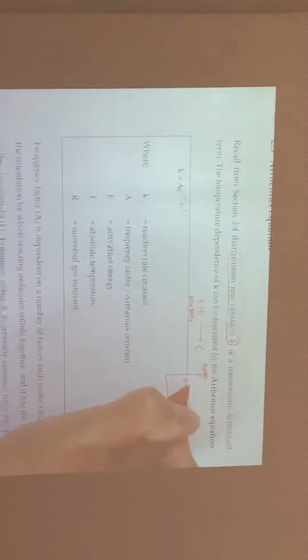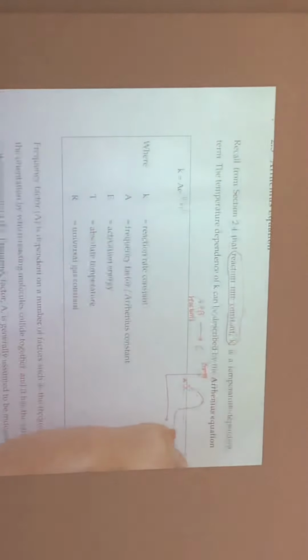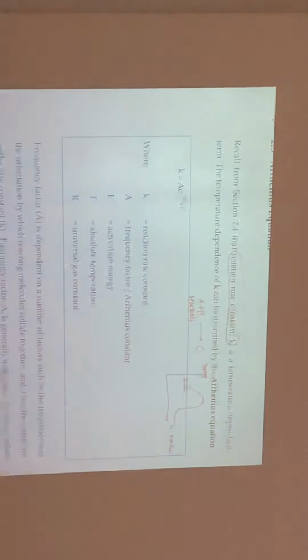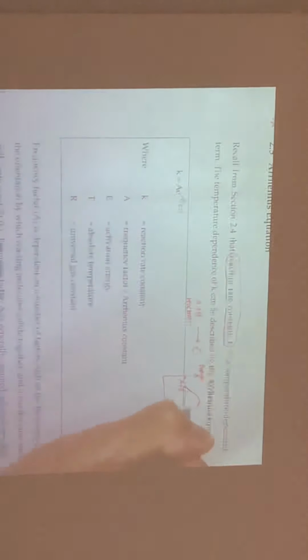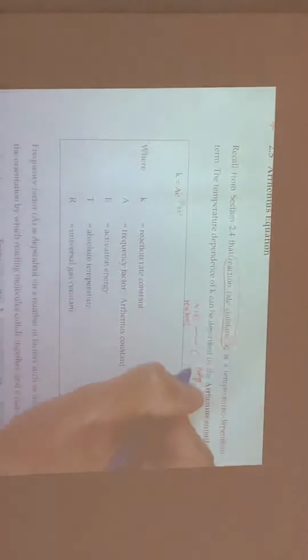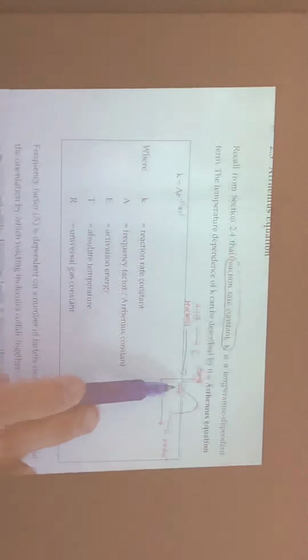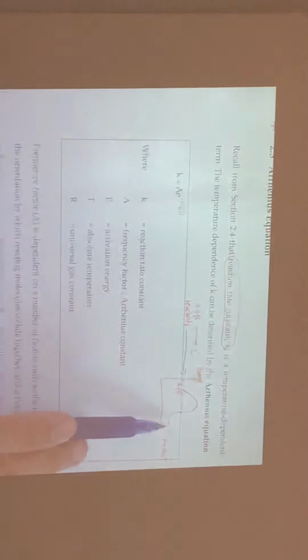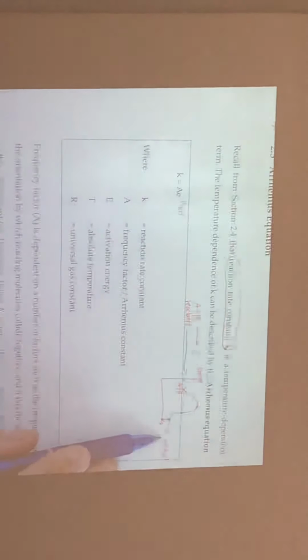When A and B collide together, they go to the intermediate, and after that you get product C. The intermediate has the highest energy level compared to the energy level of your reactant, A plus B, and the energy level of your product C.